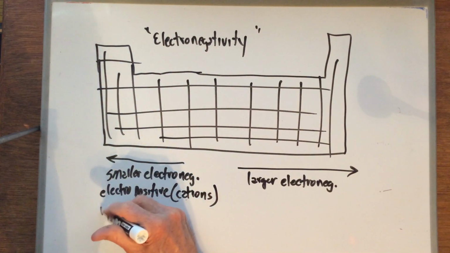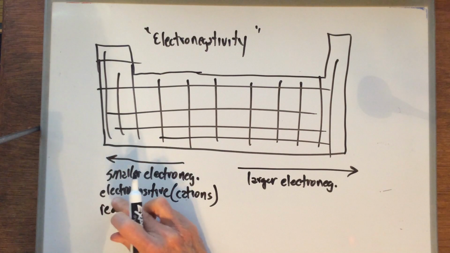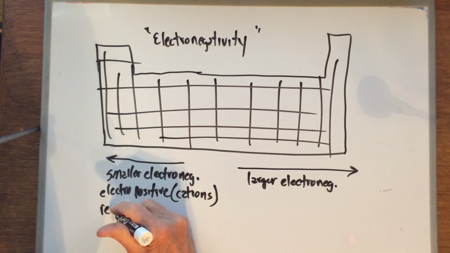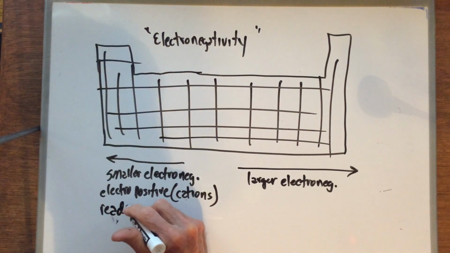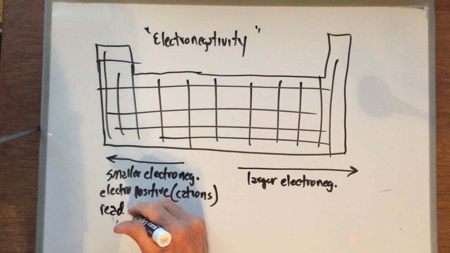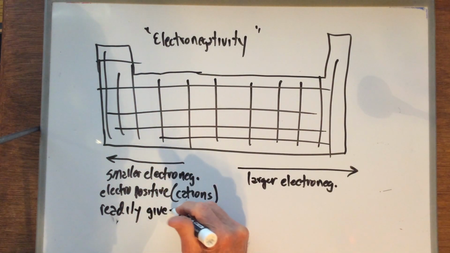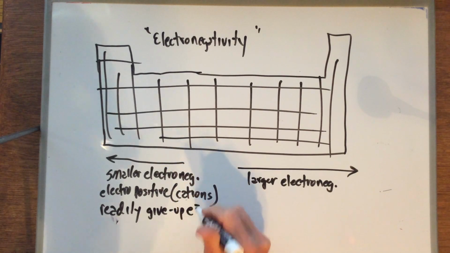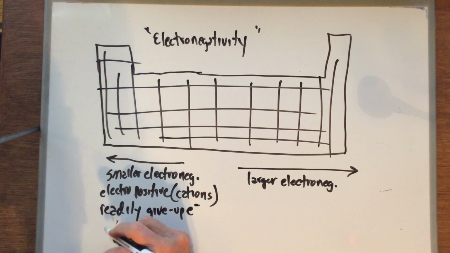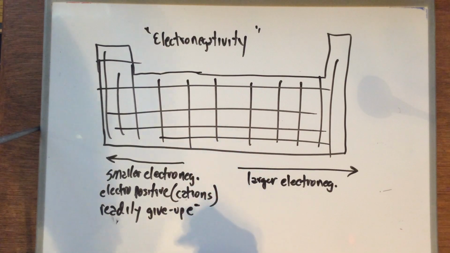These readily give up electrons and become cations.